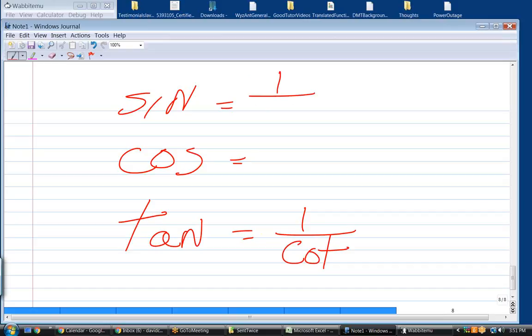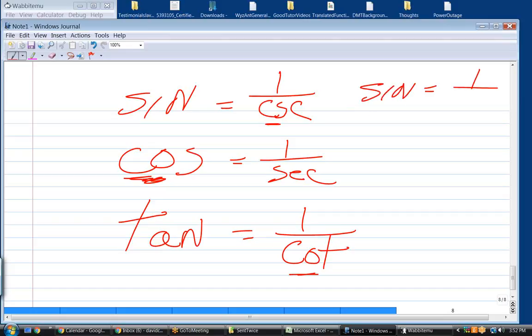Well, I know it goes with cosecant, and I know that because each of these pairs has exactly 1 co in it. There's the co in that pair, there's the co in that relationship, and there's the co in that relationship. So if you ever make a mistake and say sine is 1 over secant, there's no co there, so that can't be right.